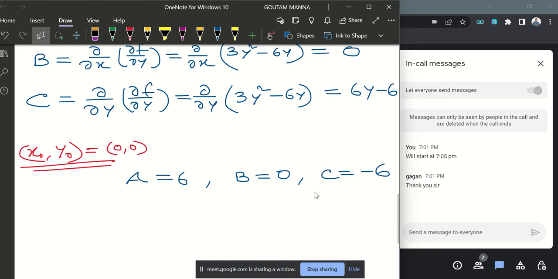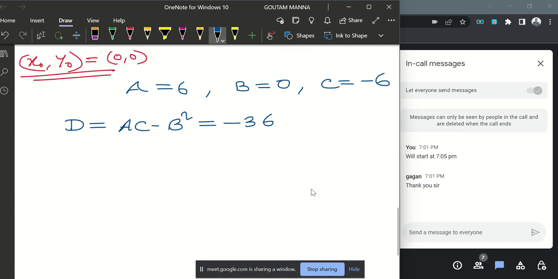So the value of the discriminant D, AC minus B square, is minus 36. So we have D less than 0, which implies that 0 0 is a saddle point.